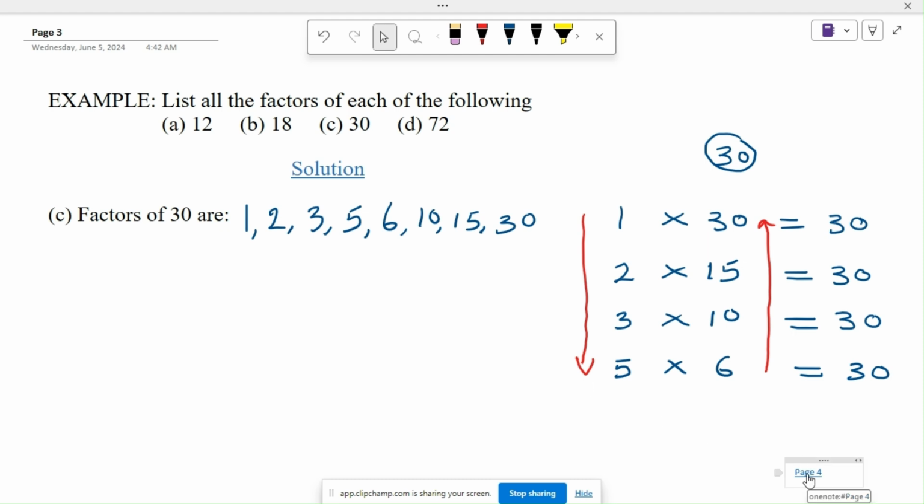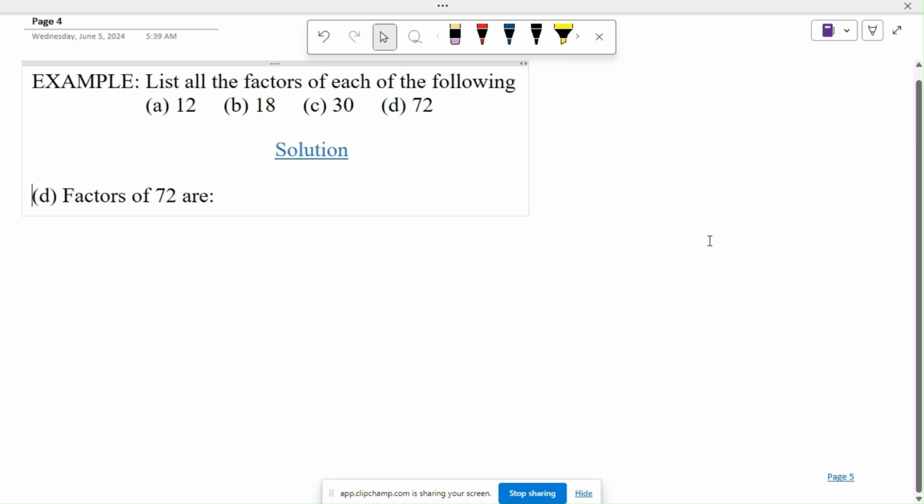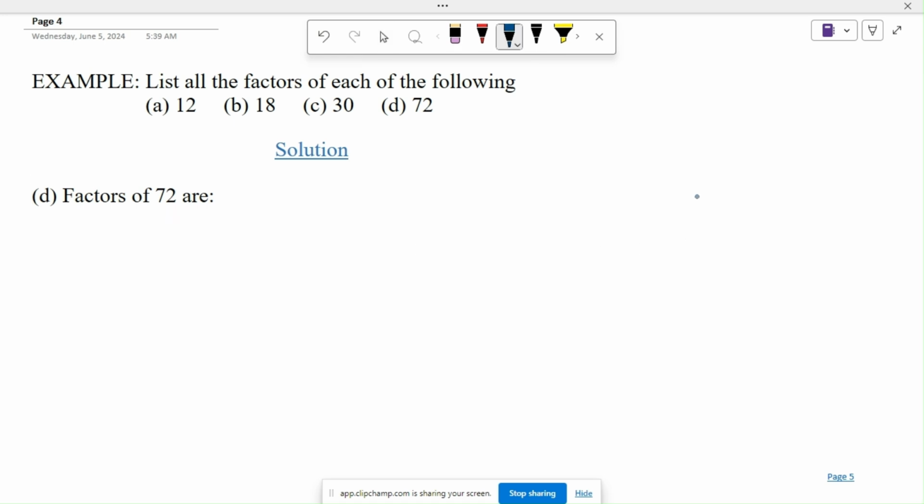Then to the last example, we are considering 72. Okay, we are taking 72. So let's keep it here so that we don't forget.